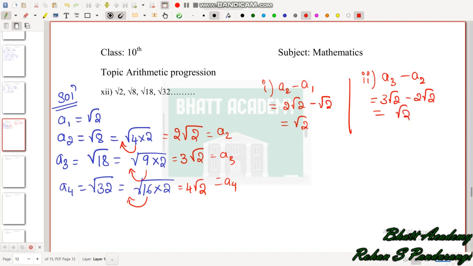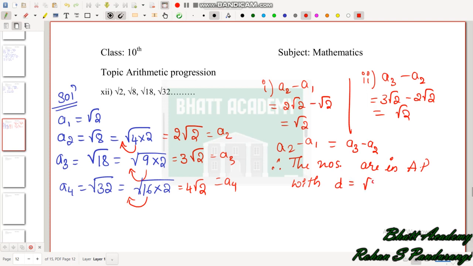So a2 minus a1 is equal to a3 minus a2. Therefore, the numbers are in arithmetic progression with common difference √2.